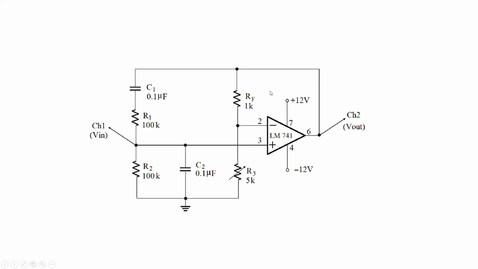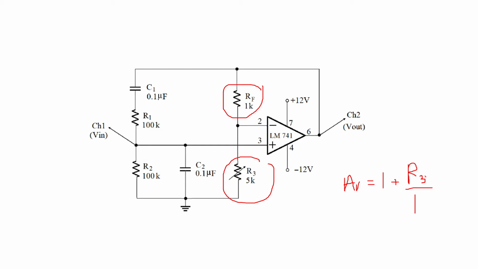RF is the feedback resistor, and R3 is actually a potentiometer in the real lab, but in the simulation we have to make sure that the value of R must be equal or more, but not so high. Sorry, this is RF divided by R3.